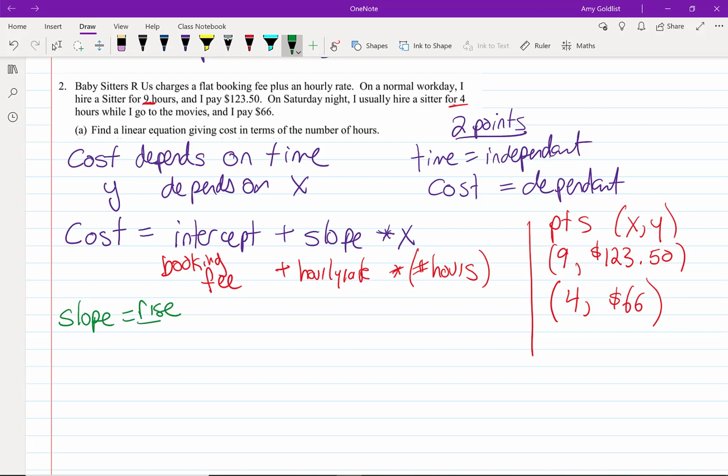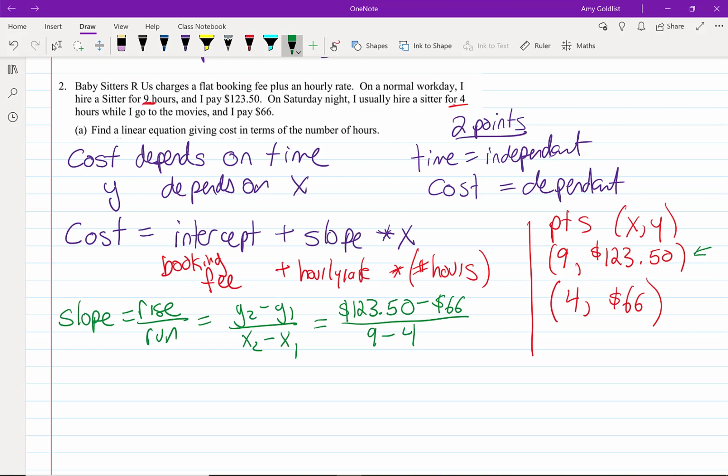So slope again is rise over run, or y2 minus y1 over x2 minus x1. Y's over x's. Putting those in, I'm going to start with this one because they're bigger numbers, and I always like to put the bigger numbers first. $123.50 minus $66, 9 minus 4.